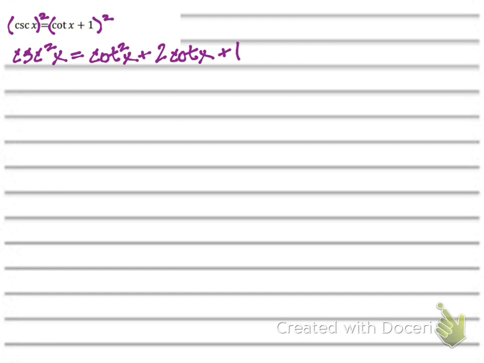So let's see what we've got here. It's I love cottage cheese, right? 1 plus cotangent squared is cosecant squared. So we need to turn this cosecant into a cotangent, correct? We got to change this guy.